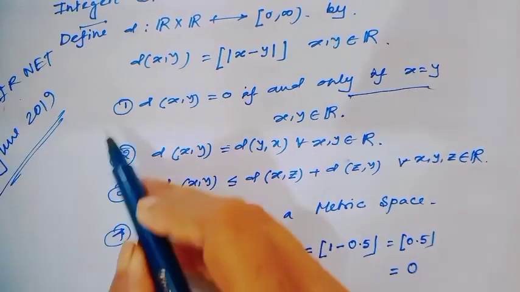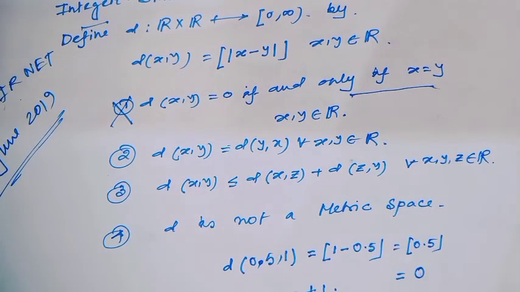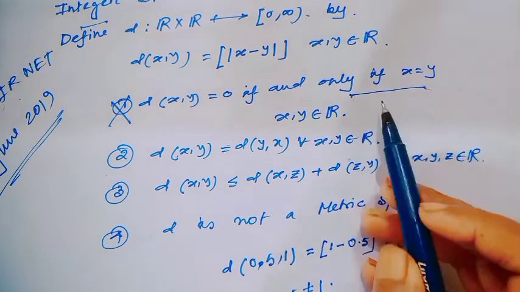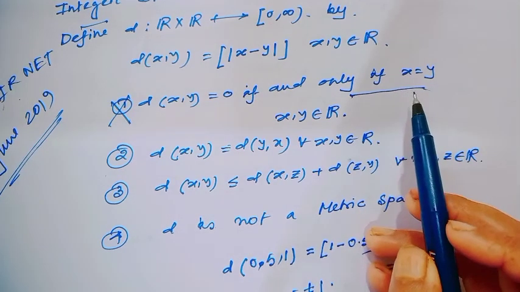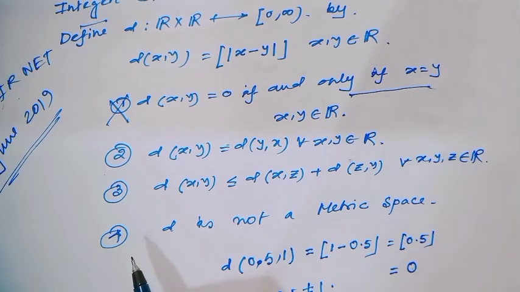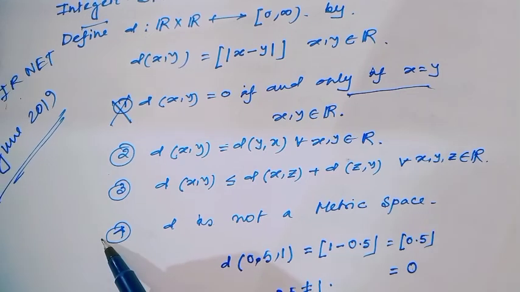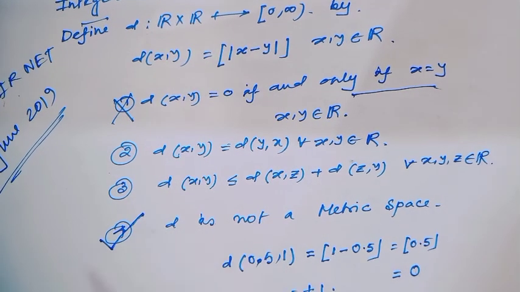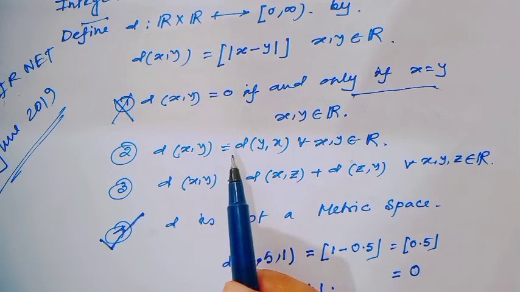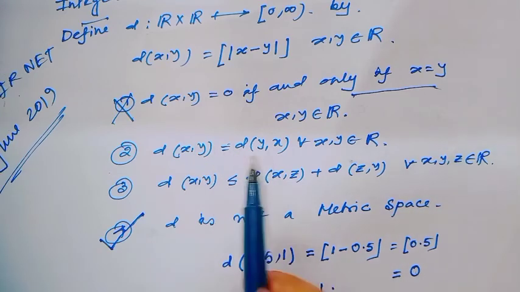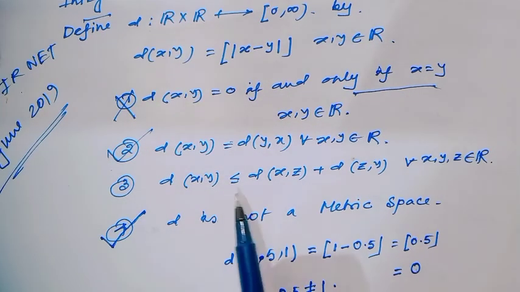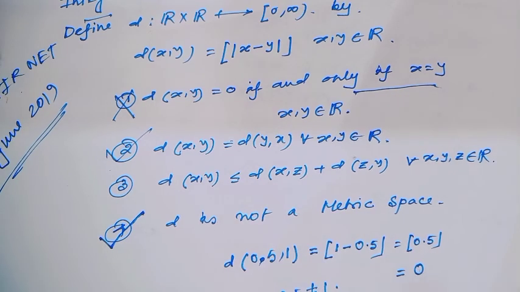That means option 1 is a wrong option. Also, since this option has broken, obviously this D is not a metric space. So option 4 is a right option. And D of xy is always equal to D of yx. This is a right option.